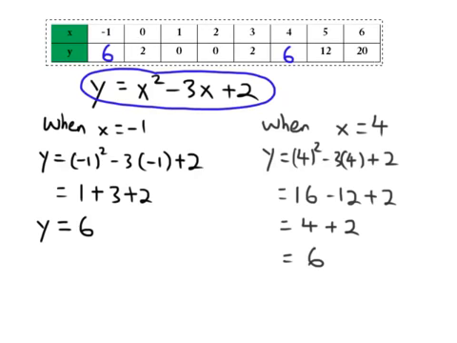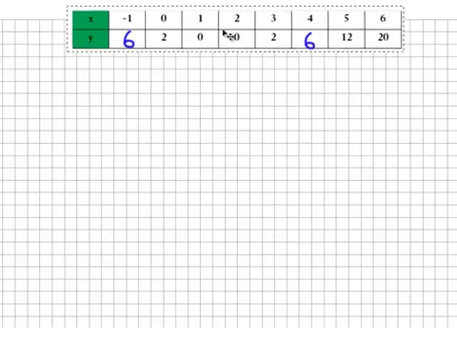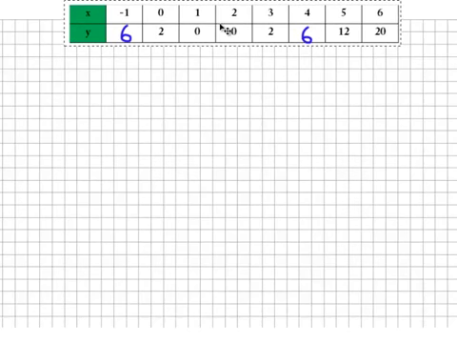I have prepared a simple graph paper here, so have your graph paper ready for yourself. This is the table with all the xy values, and this is the graph paper. We need to draw the graph now.